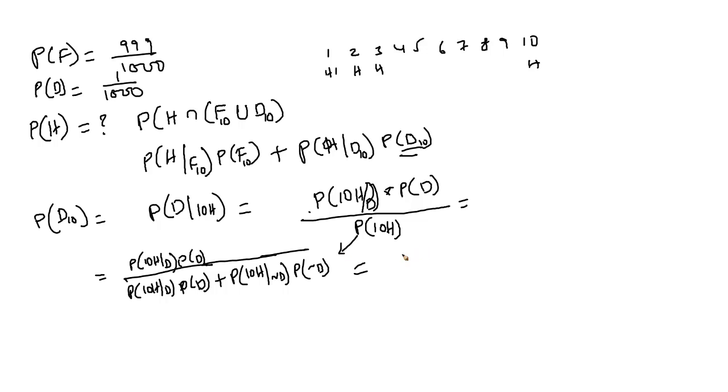What's the probability of 10 heads if it's a double-headed coin? You see all heads, so the probability is 1. But what is the probability that it's a double-headed coin? This is where your prior kicks in, so it's 1/1000. Then here, same thing: 1 times 1/1000, plus the probability of 10 heads for a fair coin.